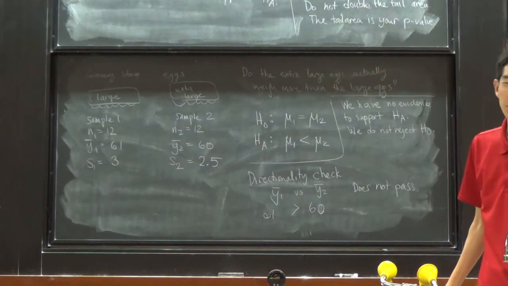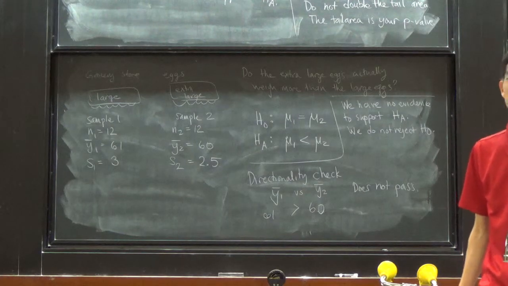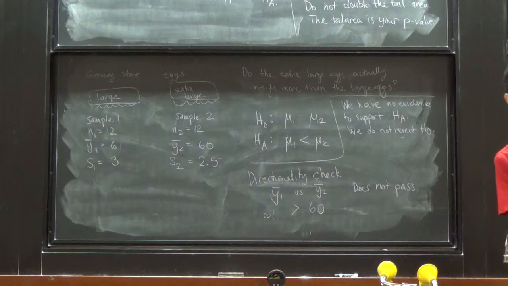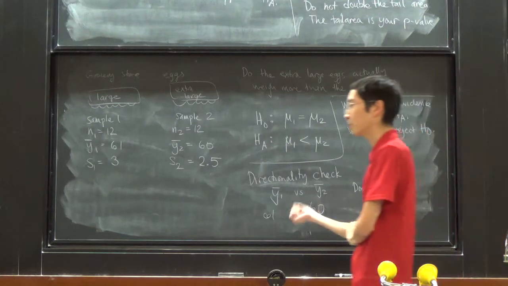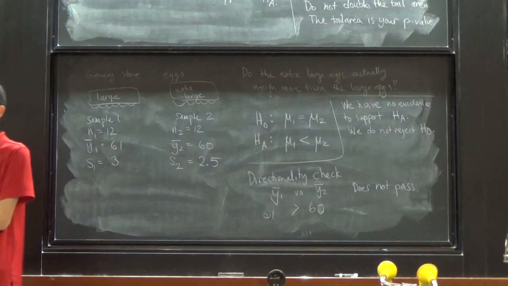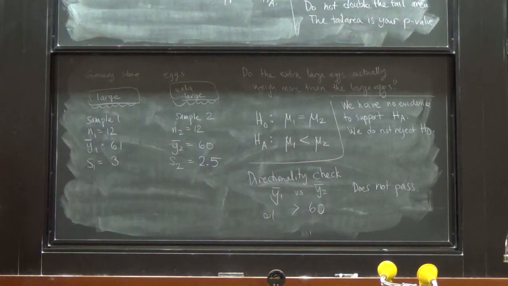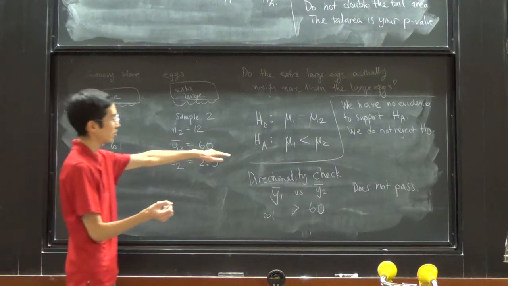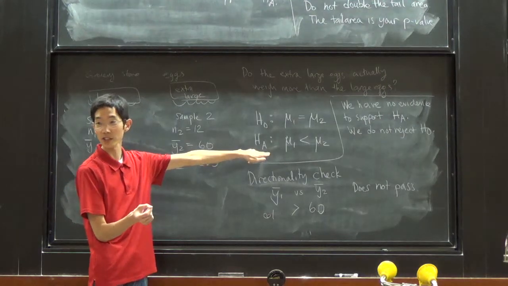And what would our p-value be? It's a little odd. So the p-value is the probability of observing our data or something more extreme if the null hypothesis is true. Okay, more extreme now applies to what the alternative says.